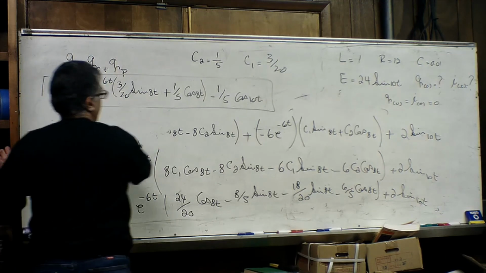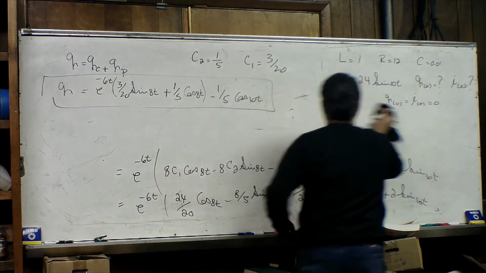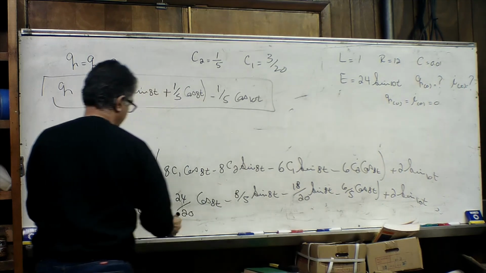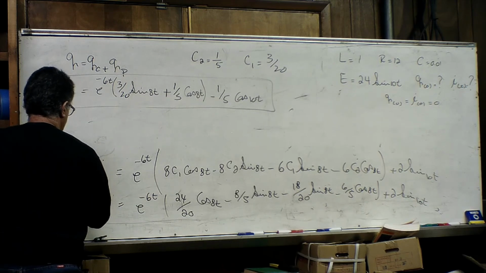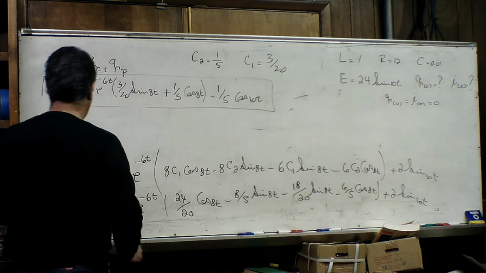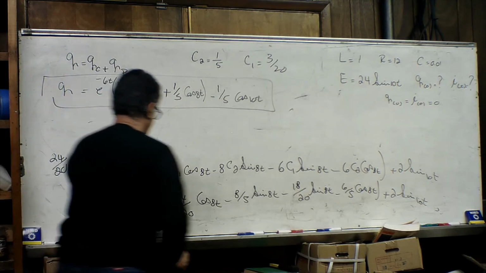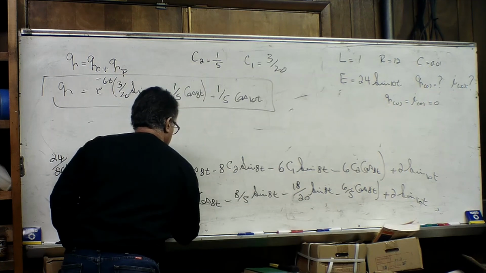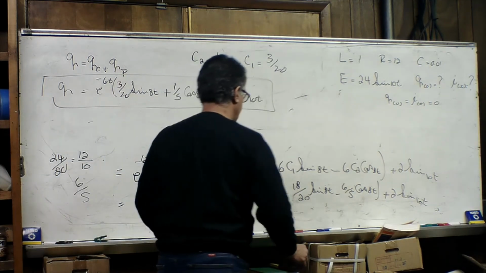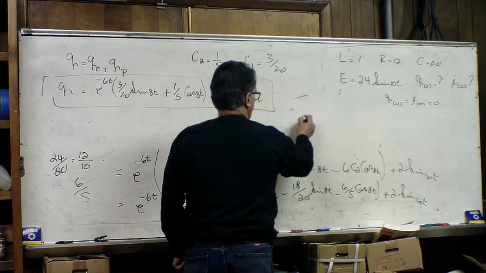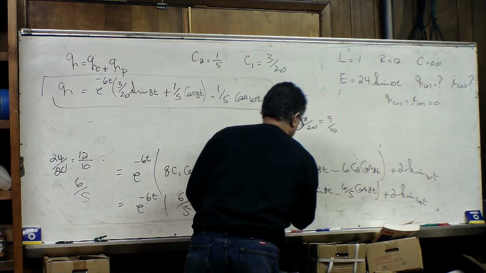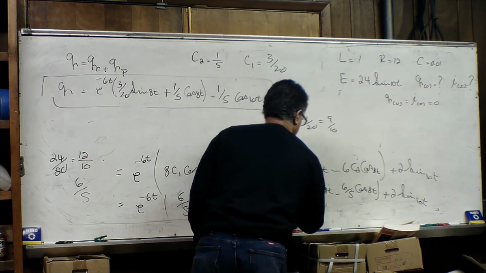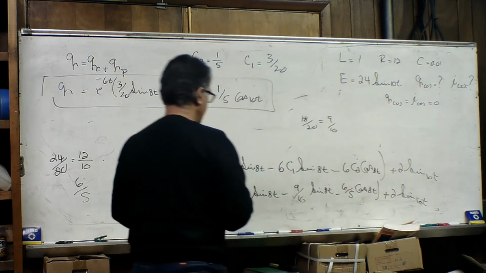So we can go ahead and simplify this further. We are going to have 24 over 20 is the same as 12 over 10 is the same as 6 over 5. So we are going to have 6 over 5 here, 8 over 5, 18 over 20 is the same as 9 over 10. So we are going to have 9 over 10 here and 6 over 5.